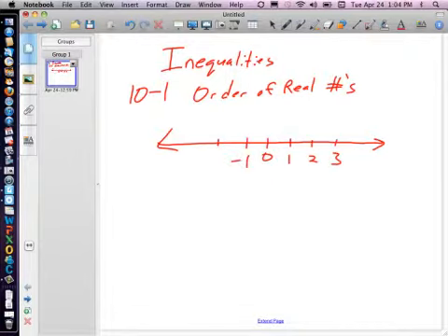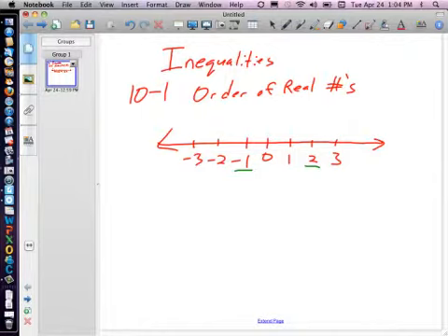And over here we have -1, -2, -3, and so on. I didn't space those out perfectly, but they're supposed to be. So when you look at a number line, it shows the relationship between numbers. Any number to the right of another number, so for instance this 2, because it's to the right of this -1, means the 2 is larger than -1.